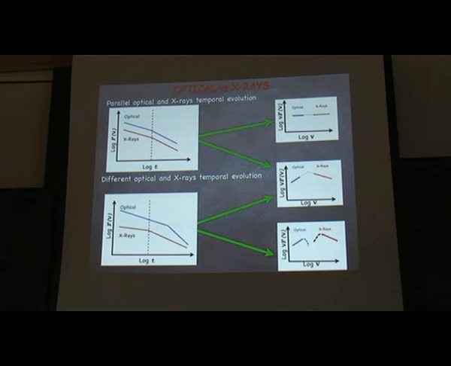When instead we have different optical and X-ray temporal evolution, we can first of all test whether a moving break, for example a cooling break, can describe the observed behavior. If not, we can imagine that the optical and the X-ray, as I told you before, are produced by different mechanisms.